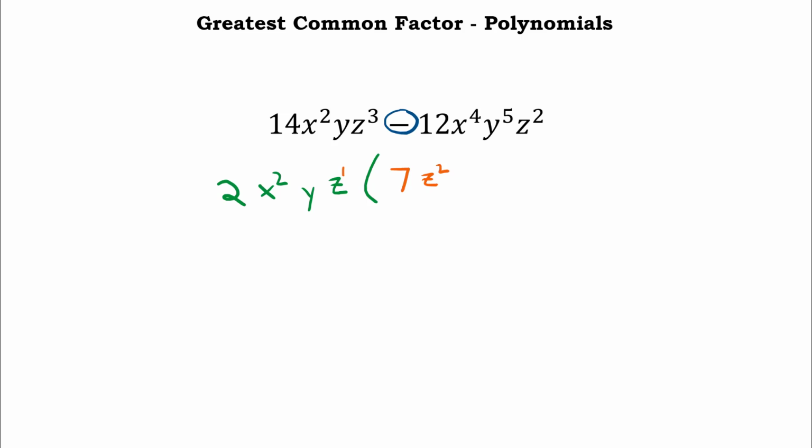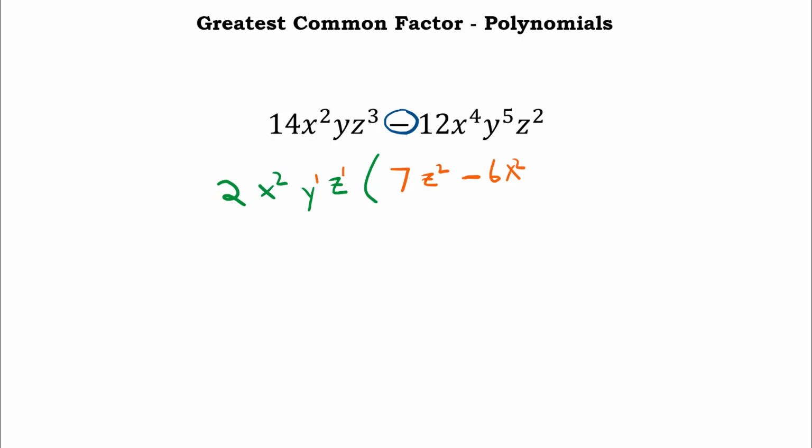Now, how many times will 2 go into negative 12? Well, 2 times a negative 6 will give us a negative 12. So 2 times negative 6. And we have x squared already. We need to get x to the 4th. So 4 minus 2 is x squared. And then we've got to get a y to the 5th. But we already have a y with an understood 1.